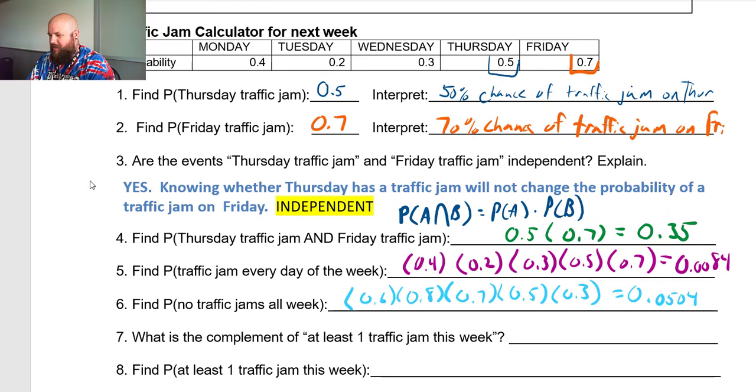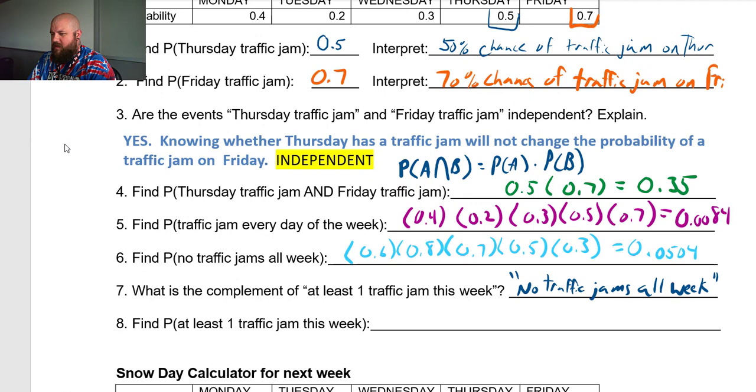What is the complement of at least one traffic jam all week? Well, the complement of at least one traffic jam all week is no traffic jams all week. That's the complement, right? Then it wants us to find the probability of at least one traffic jam this week.